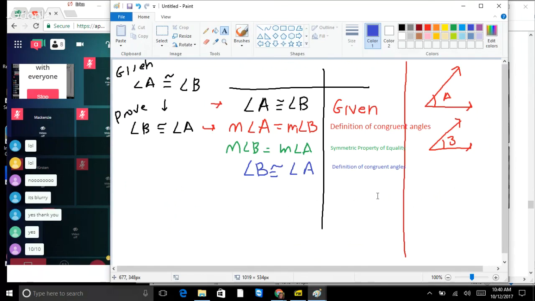All right, so now I have proved that Theorem 2.2 for the symmetric angles is true.